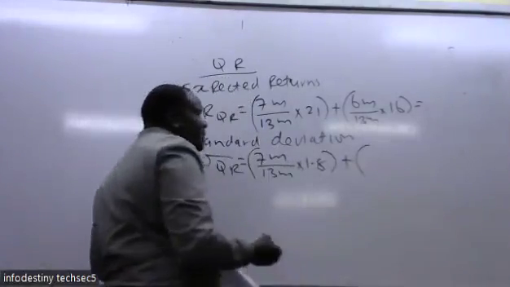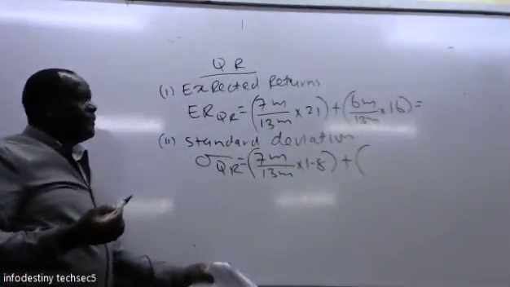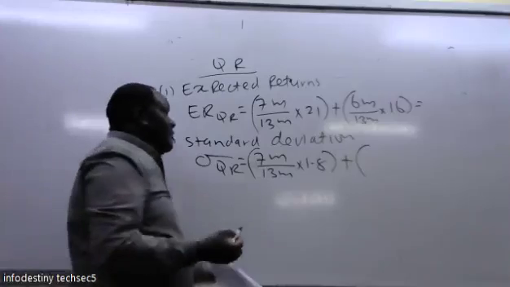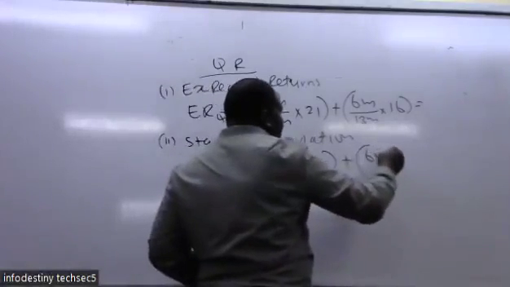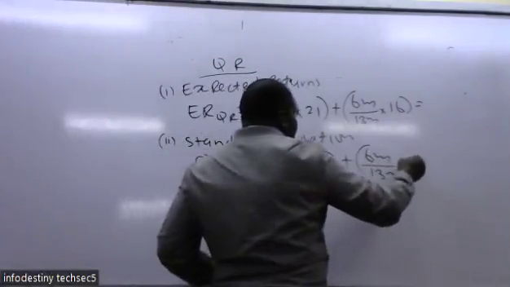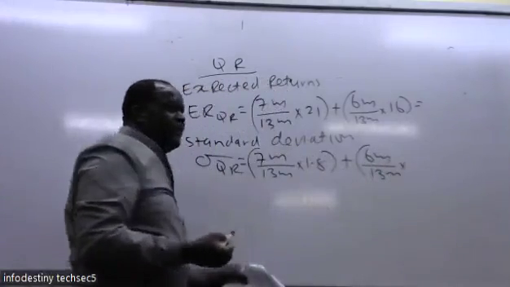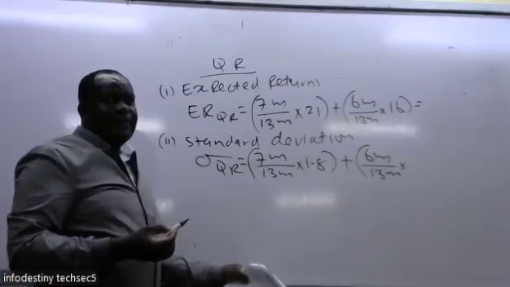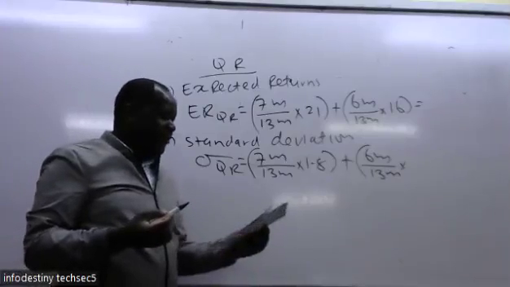Then we do the same for the other one: 6 million divided by 13, multiplied by 2.3.